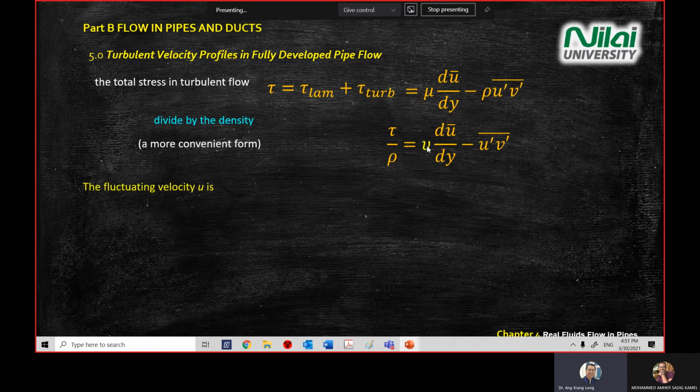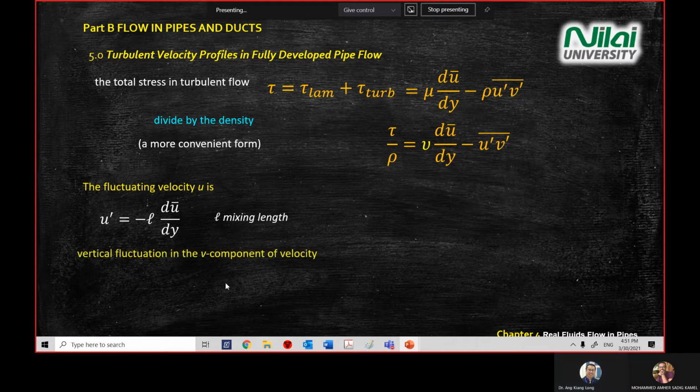So be careful, this one will change to kinematic viscosity. The fluctuating velocity u prime is given by this equation, minus L times the difference of velocity in terms of y, and V prime, the vertical fluctuation, the V component velocity, is given by this equation.